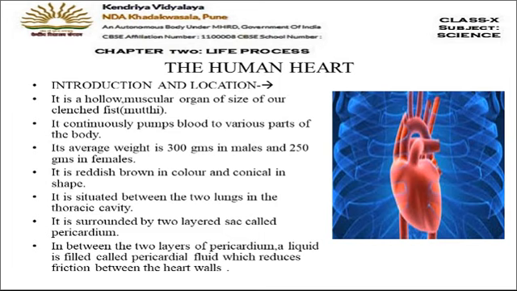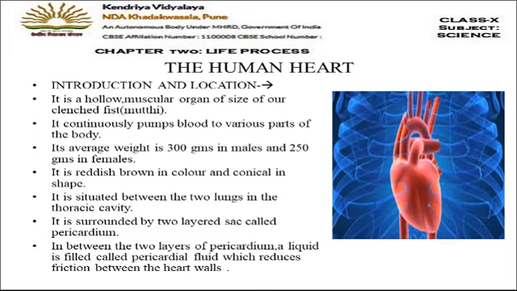Now this heart is surrounded by a two layered sac. There are two membranes present outside the heart, and in between those two membranes there is a space called the pericardial space, and it is filled with a liquid called the pericardial fluid.